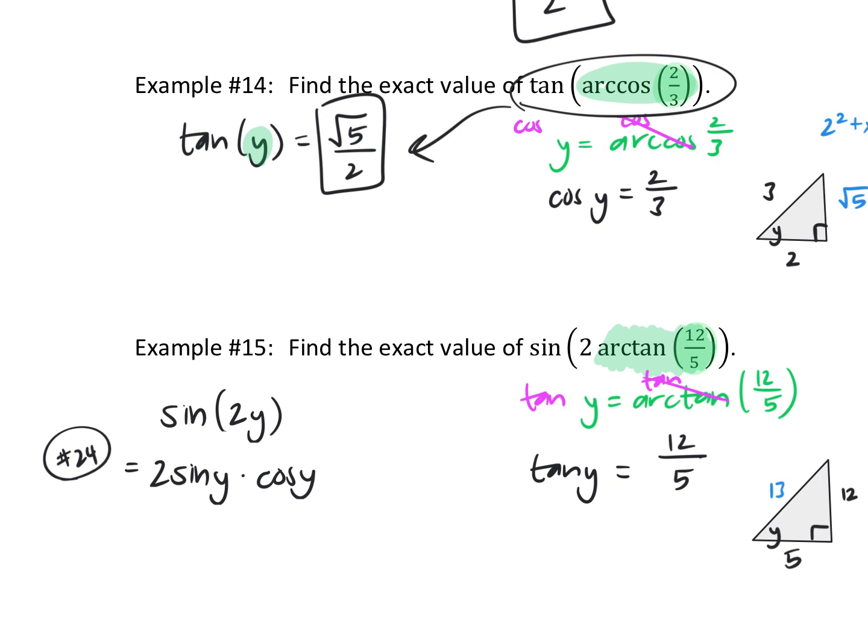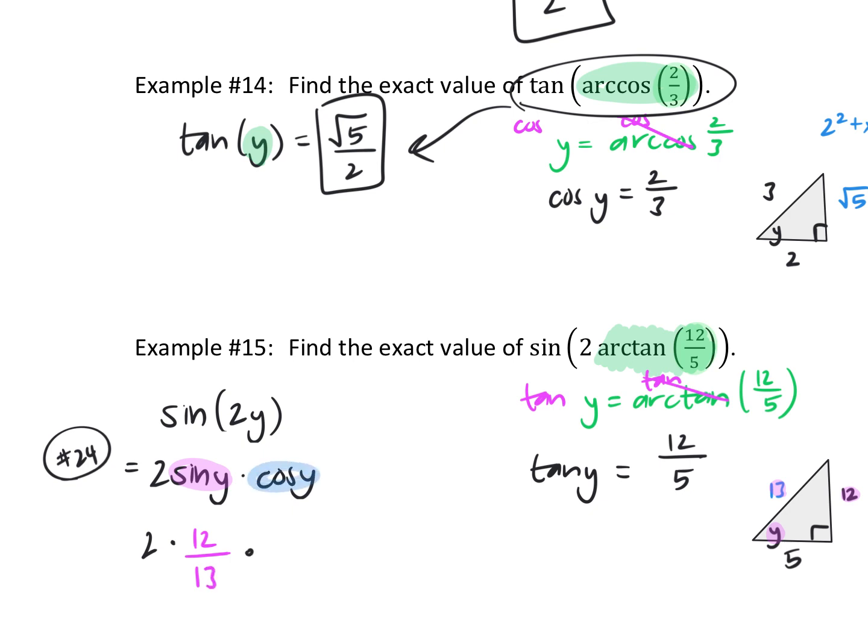So then from here, I can find sine of y from this angle right here is opposite over hypotenuse. So this becomes 2 times 12/13.